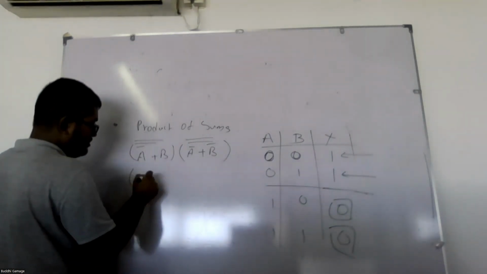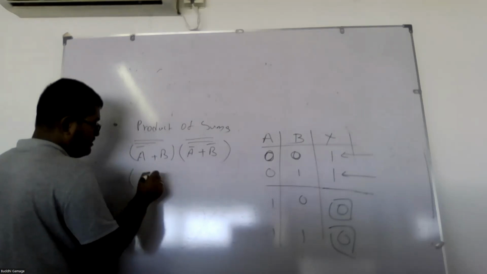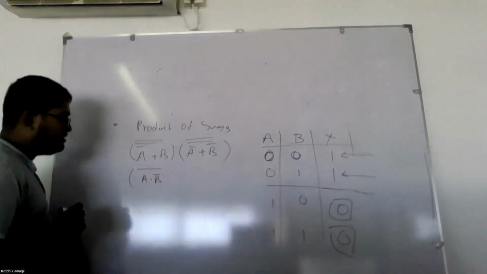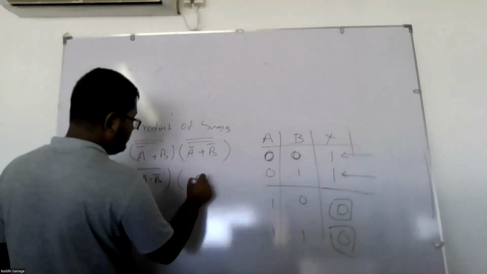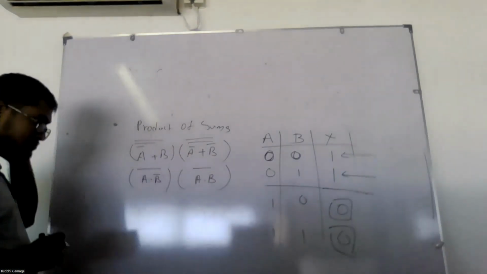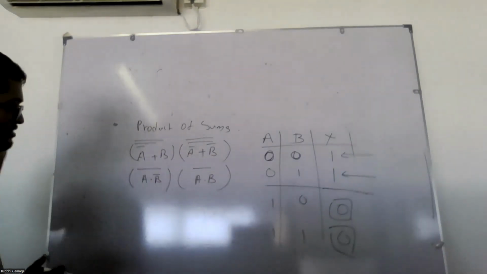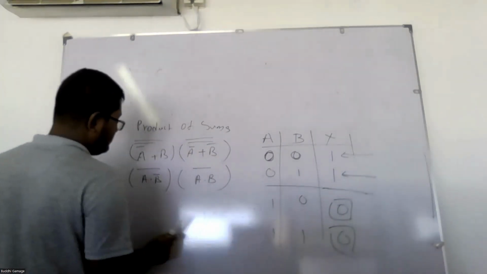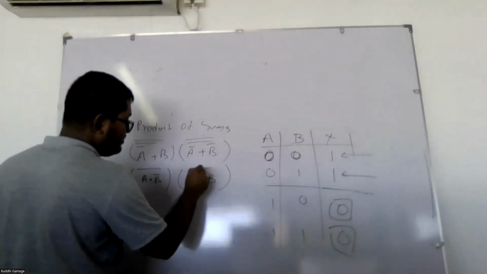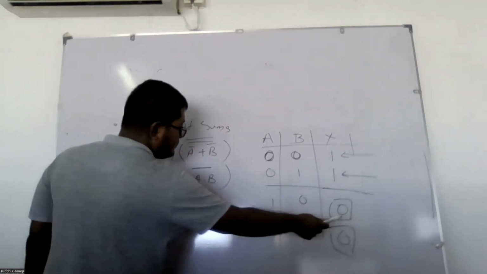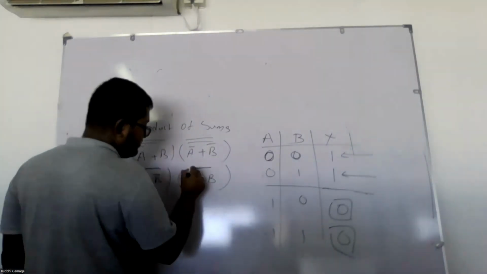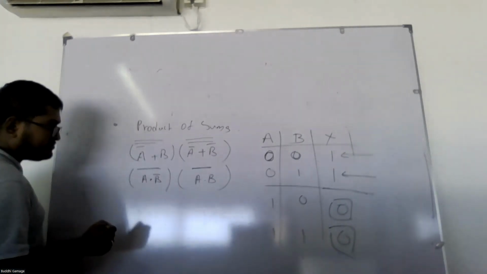So here means A dot B, B bar into not, here A dot B dot not. Right? So what that means? A B bar and A B, but since this output is false, we need to negate the whole thing, right?